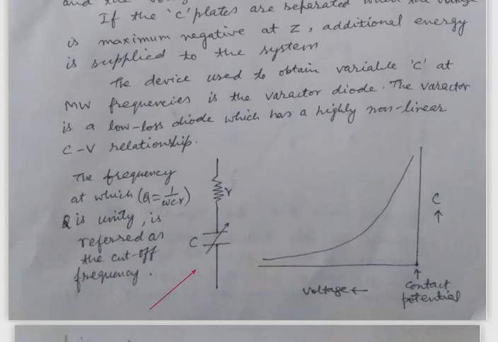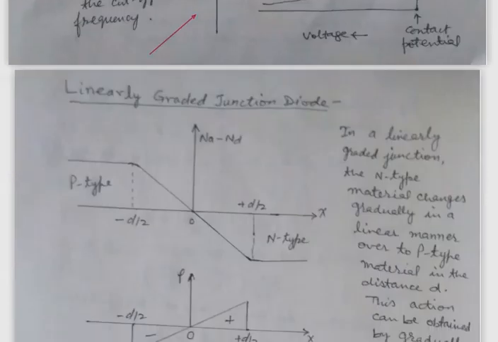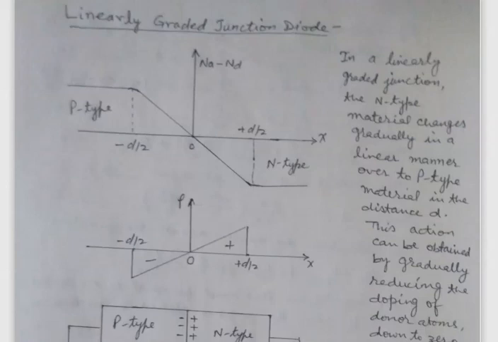The frequency at which the quality factor, which is given by 1 upon omega CR, is unity, is referred to as the cutoff frequency. Now we will discuss the practical application of this varying capacitor. First of all, we discuss the linearly graded junction diode.